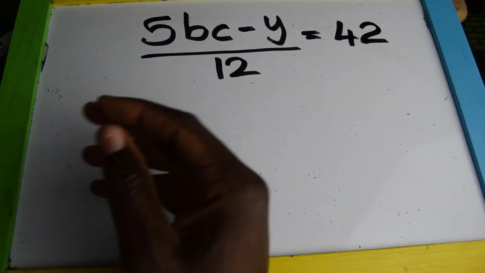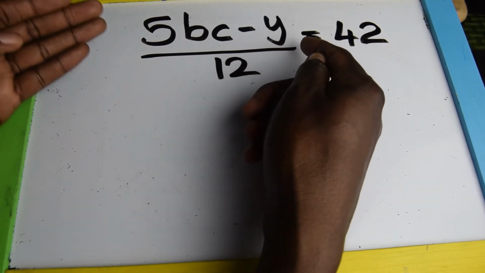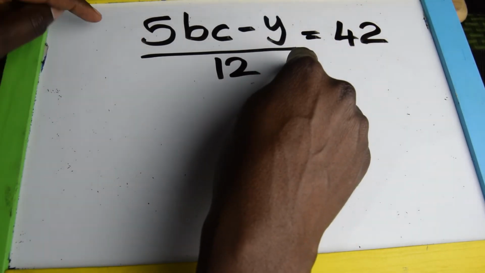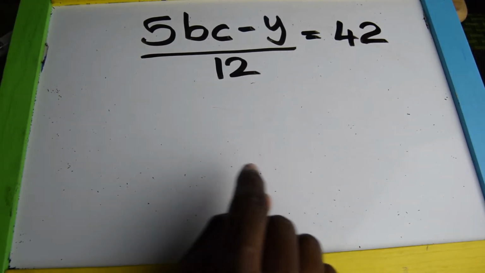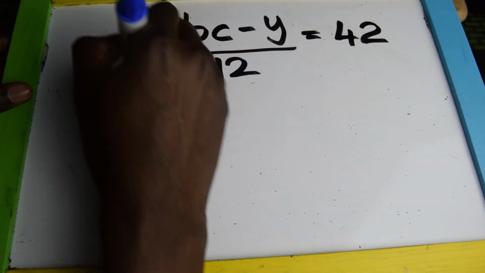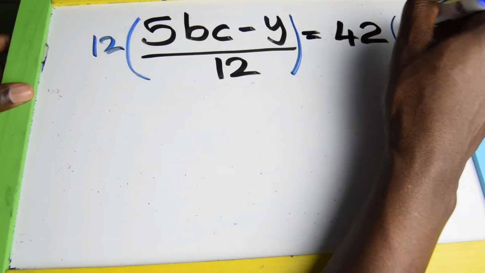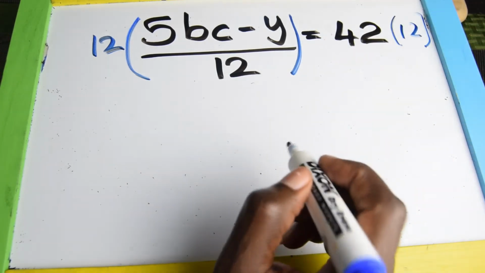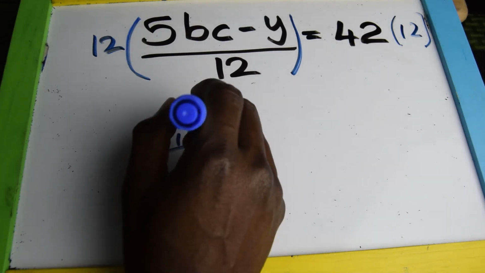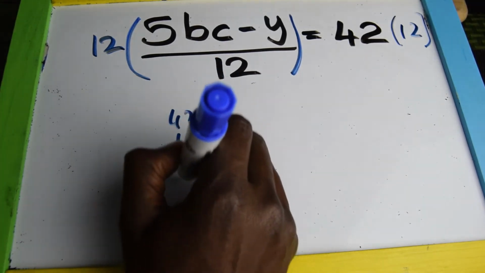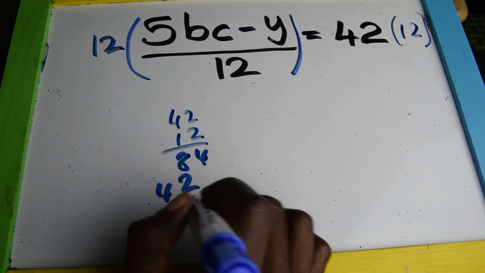First thing to look at, there is a division here. So I will multiply both sides by 12 because for division, the opposite operation is multiplication. So multiply this side by 12 and multiply this side by 12. If you multiply 42 by 12, what do you get? 504.